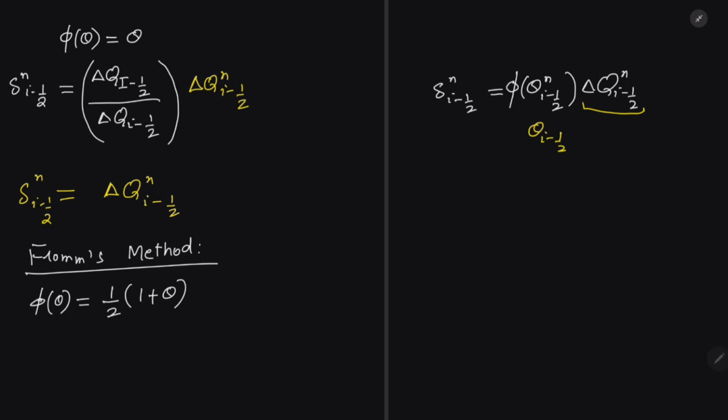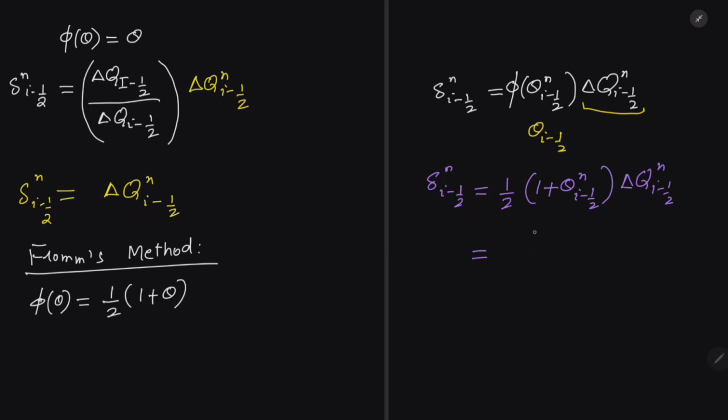When you put that value over here, delta n I minus 1/2 will be equal to 1 by 2, 1 plus theta n I minus 1/2 times delta q n I minus 1/2, and then you put the ratio value of theta over here.